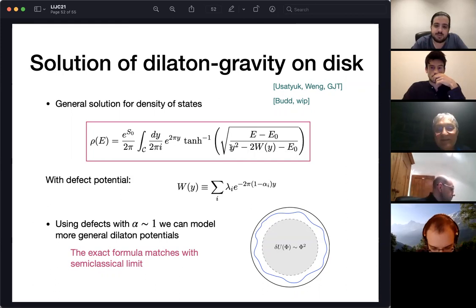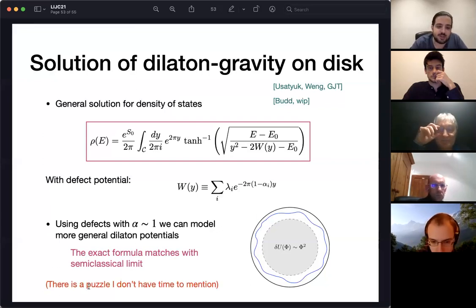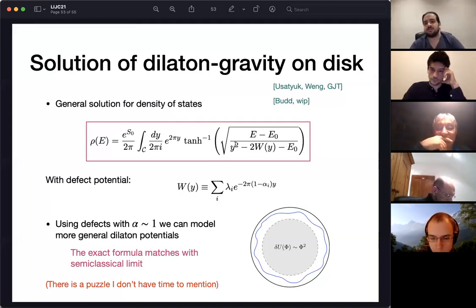So the limit of flat space would be to replace this whole thing by y cubed. I think. Really? Why? You can think of this y squared. This is related to a puzzle that we have, which is how this is related in detail to the dilaton potential that we mentioned in the paper.